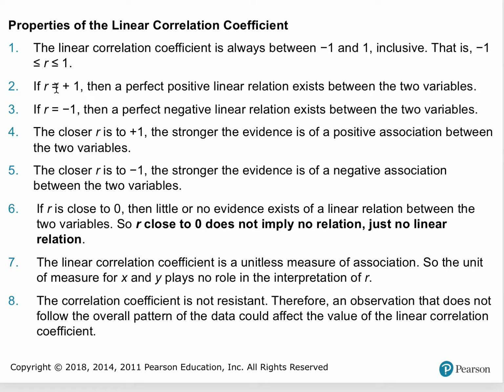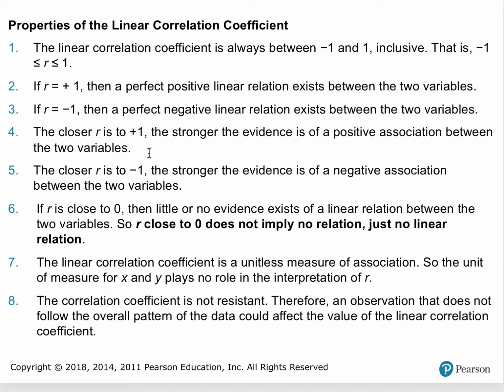If r equals +1, then there's a perfect positive linear relation between the two variables. If r equals -1, then a perfect negative linear relation exists between the two variables. Notice positive slope, negative slope, to help us remember which one's positive and negative.